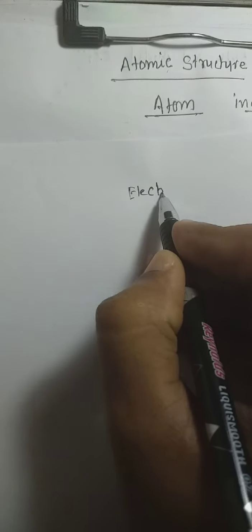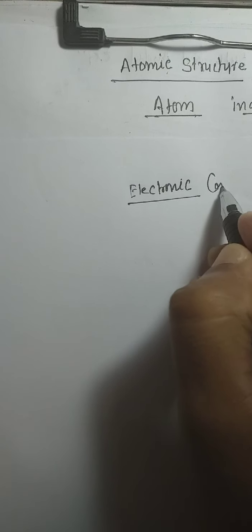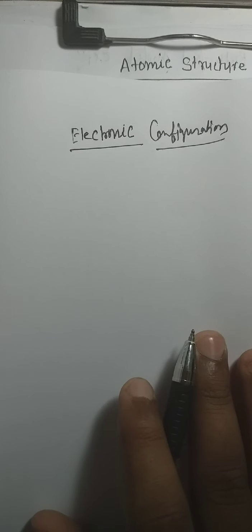In continuation of the chapter on atomic structure, today we will look at electronic configuration. Here we have to arrange the electrons on the basis of increasing energy level.